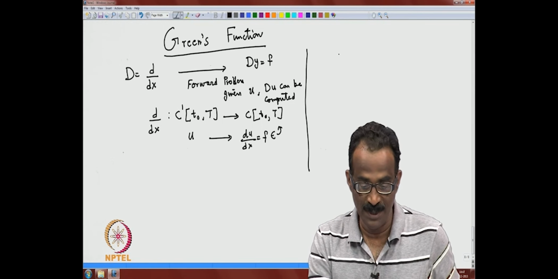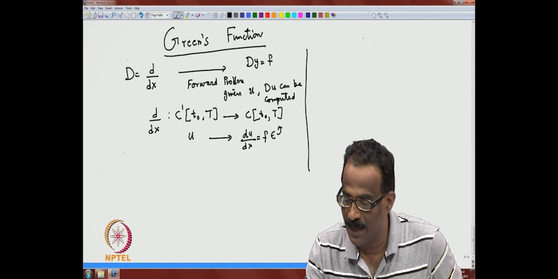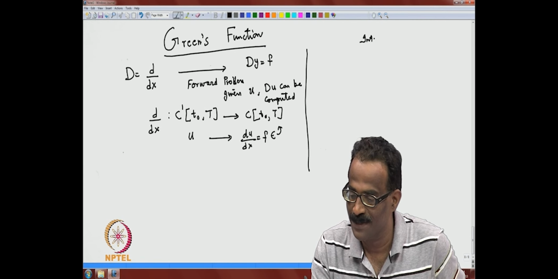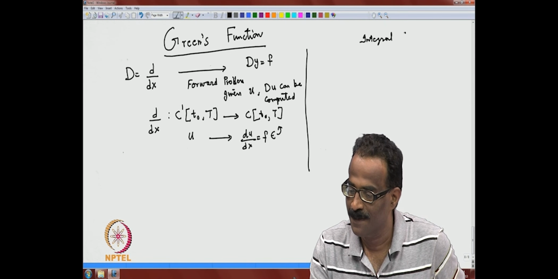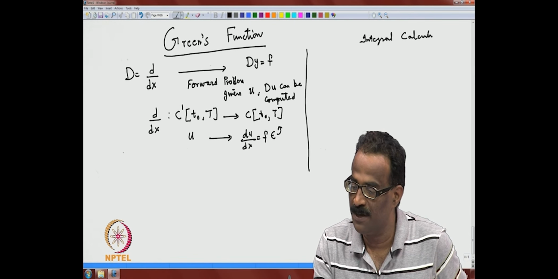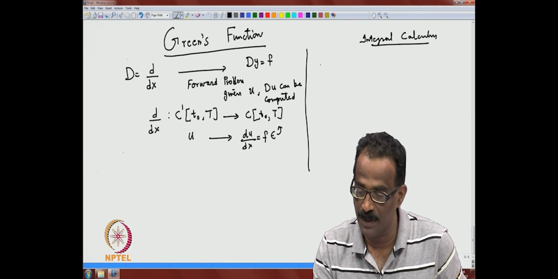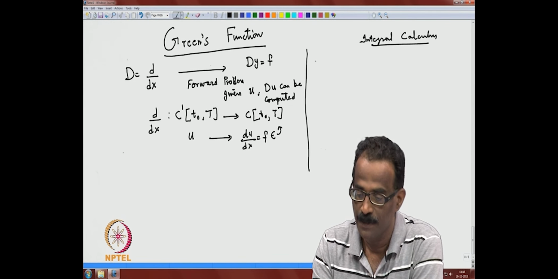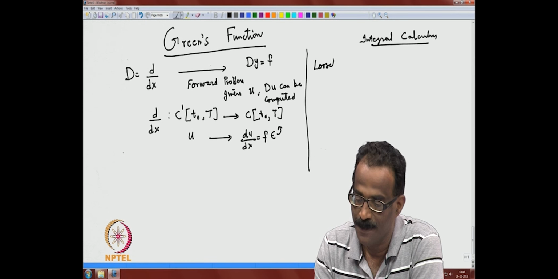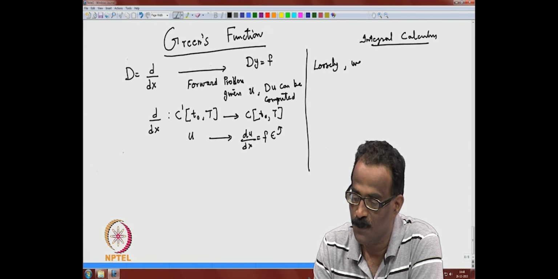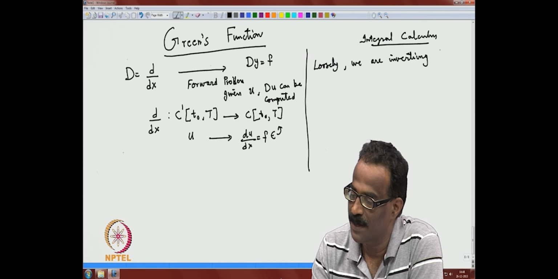This is differential calculus. On the other hand, when you go to integral calculus, you are trying to invert it. Loosely speaking, we are inverting the operator d by dx.